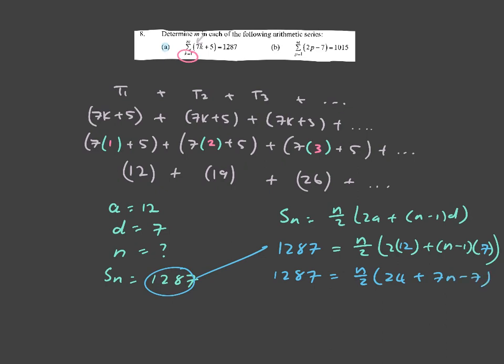Here we've got n over 2, so 24 minus 7 is 17, plus 7n is equal to 1287.